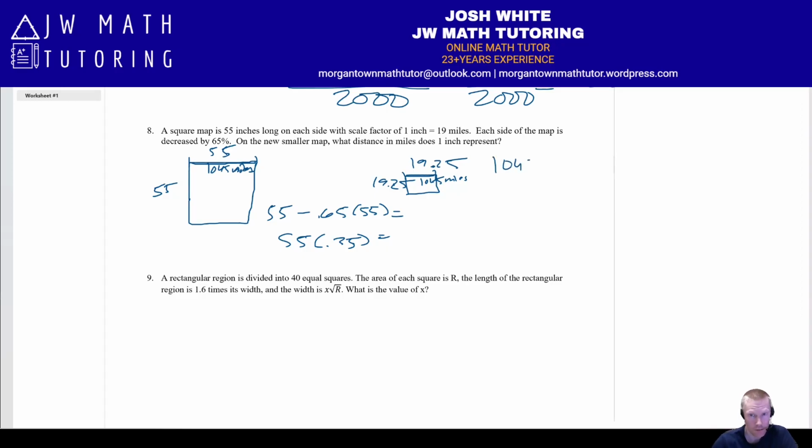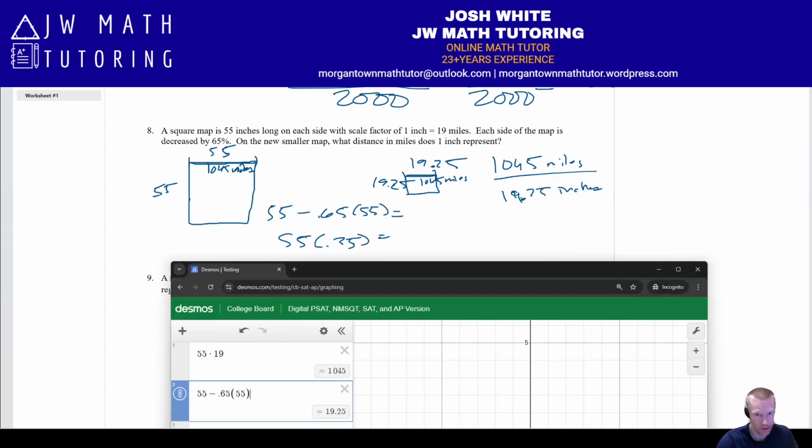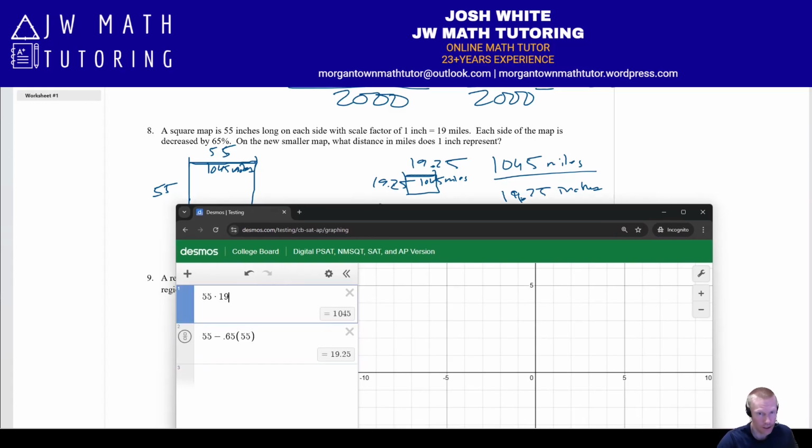So you put the 1045 miles on top, you put the 19.25 inches on the bottom, and when you divide these, you get a number of miles over just 1 inch, which is what they're looking for. So just go back to Desmos. Now you can just take this 1045, divide it by 19.25, and there is our answer.